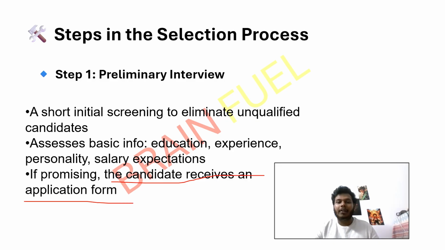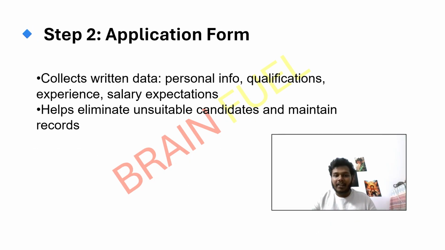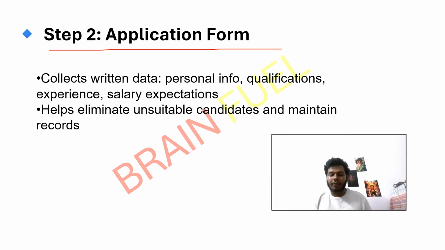Let's go into the next step. The application form collects written data, personal info, qualifications, experience, salary expectations, helps eliminate unsuitable candidates and maintain records. So there is nothing much different in this second step compared to the first step.